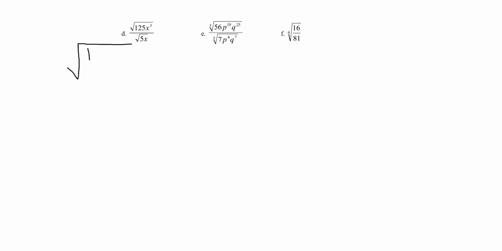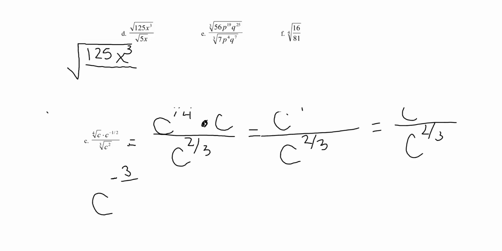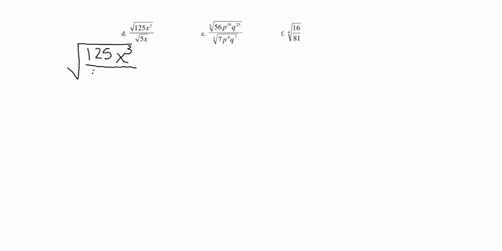So I'm going to write it as one large radical. And what I'm going to do is simplify under the radical first. Now that it's written as one large radical and I have a fraction under there, I know that 5 goes into 125 25 times.